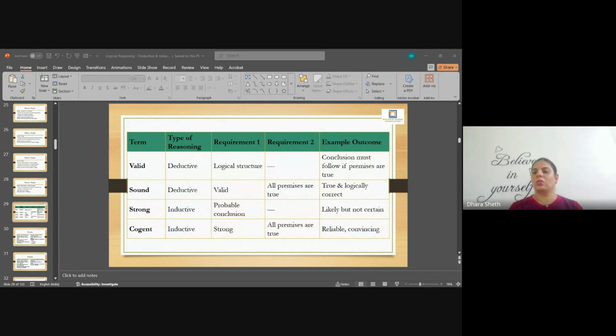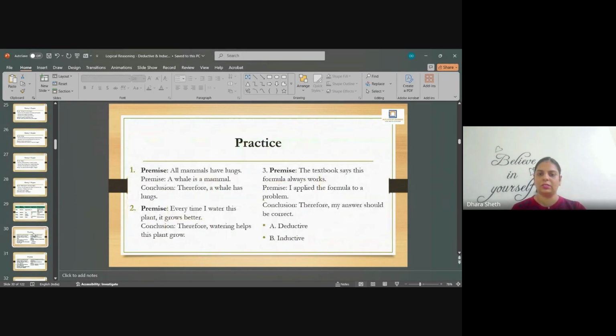Okay. So based on this concept of deductive, inductive, valid, sound, strong, and cogent, we move forward.